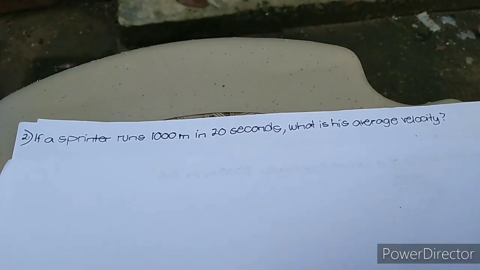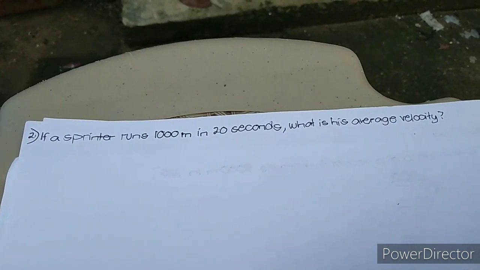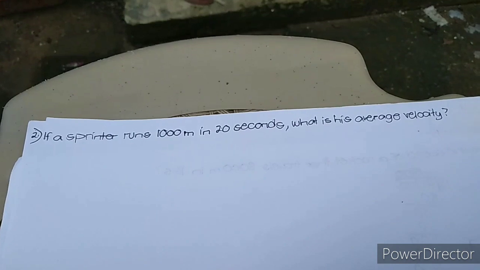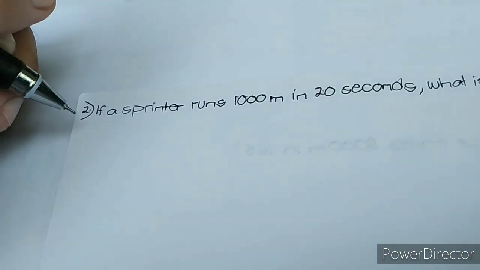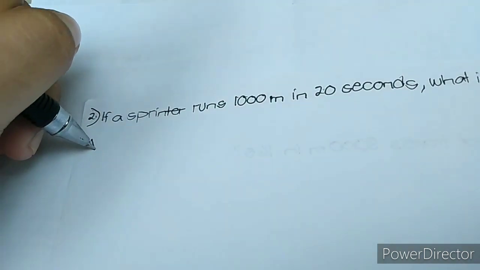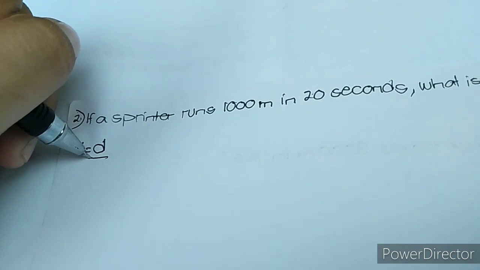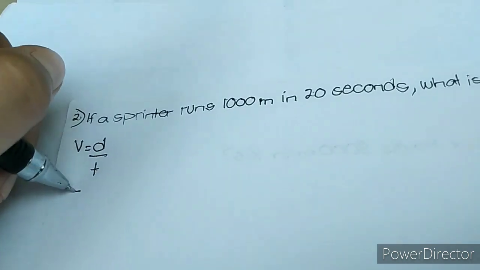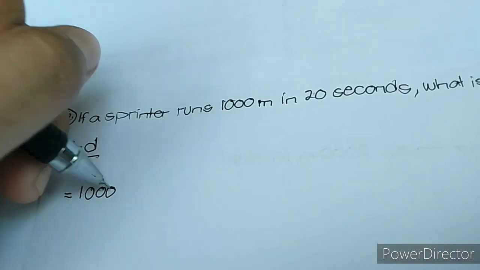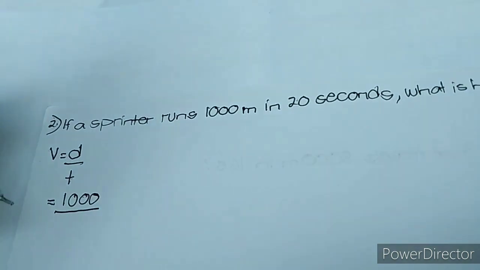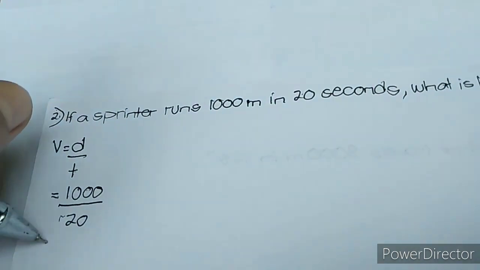Problem number 2. If a sprinter runs 1000 meters in 20 seconds, what is his average velocity? The formula of velocity is velocity equals distance divided by time. So the distance is 1000 meters over the time of 20 seconds.